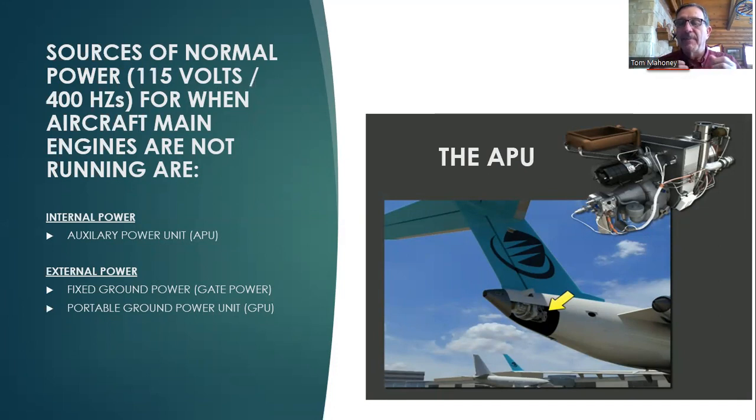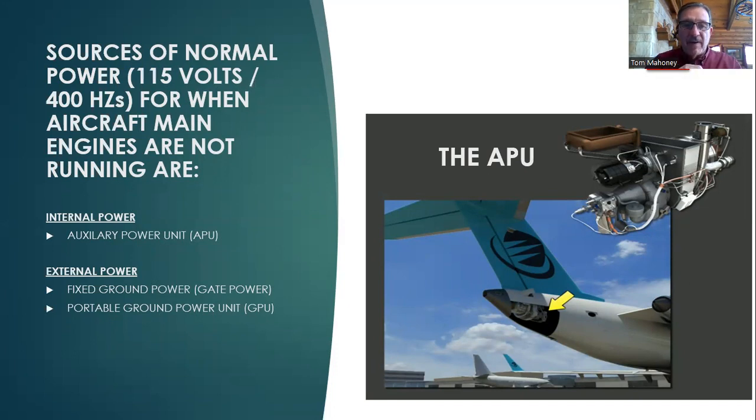This is not your typical 12-volt Cessna 172 system. These are big airplanes, requires a lot of electrical power. So for efficiency purposes, they use 115 volts, 400 cycles, and this takes either a source of ground power or electrical generators producing this type of power.